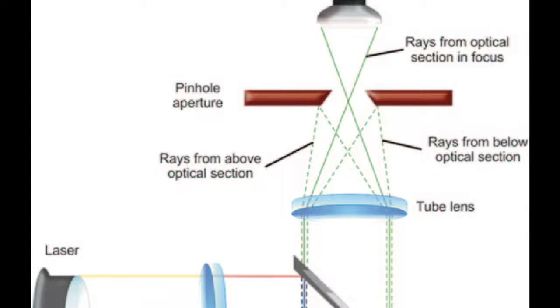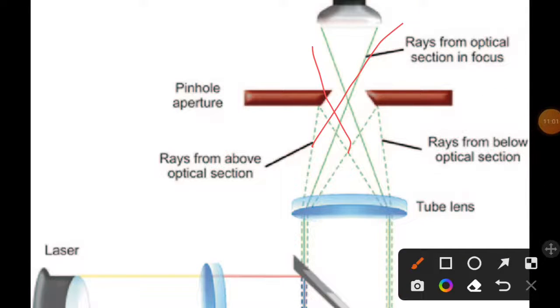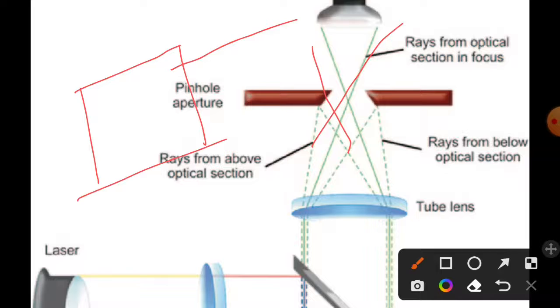The rays from the optical section in focus are caught by the detector, right? Now the computer will take the digitalized information of each plane that our detector forms with the help of the light coming from the plane of the focus for each plane. That means there will be multiple lights coming from multiple planes, right?